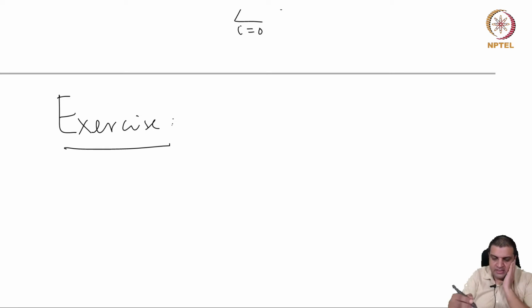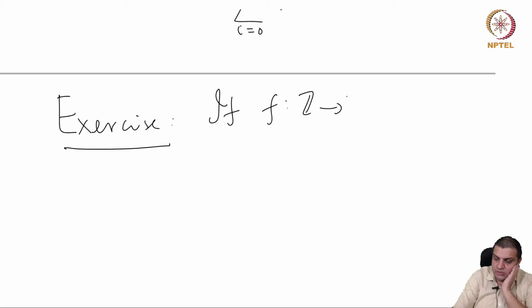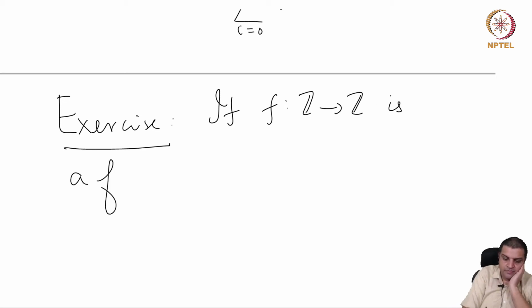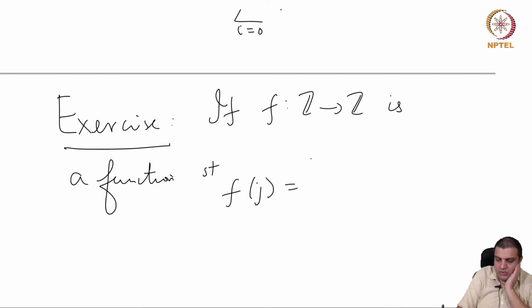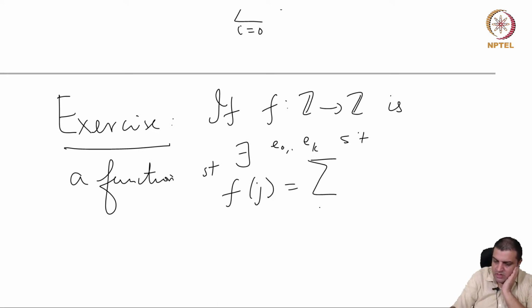Suppose f from Z to Z is a function such that there exist some e_0 through e_k such that delta f of j agrees with the sum over i from 0 to k of e_i P_i of j.